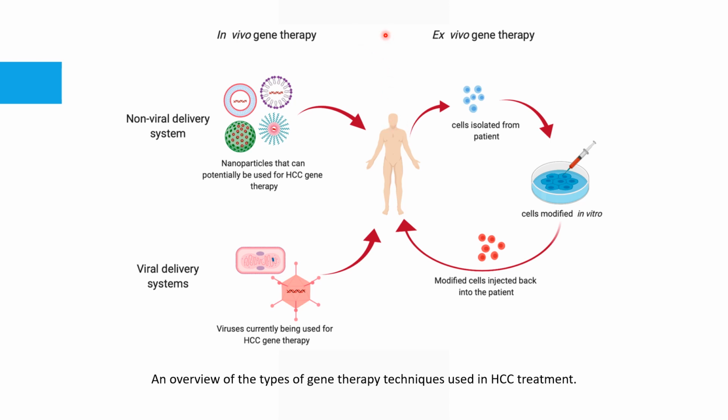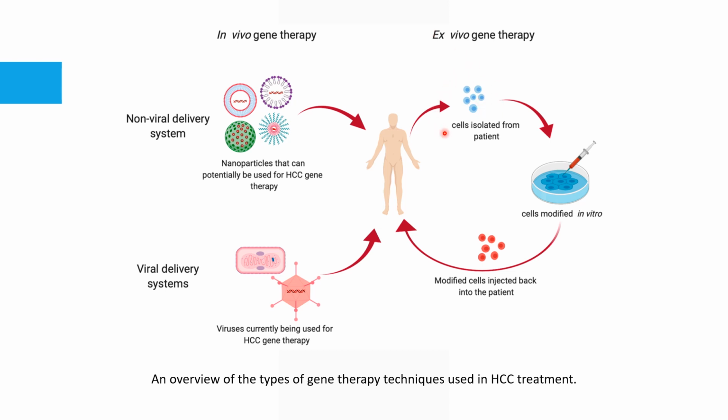We also have the ex vivo means, the ex vivo gene therapy. The ex vivo method involves first inserting the therapeutic gene into stem cells obtained from the patient. This could either be blood or bone marrow, and inject the same into the patient.